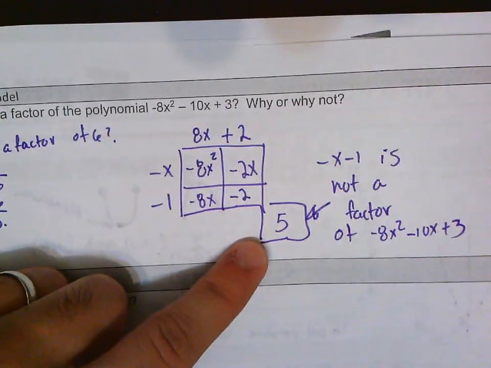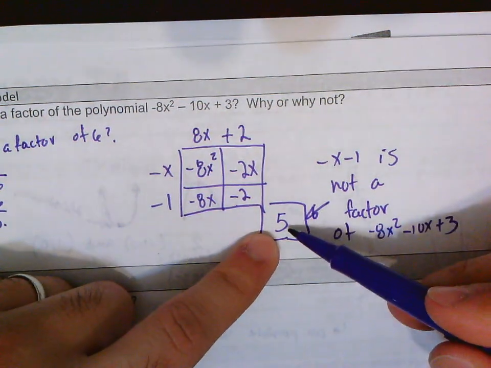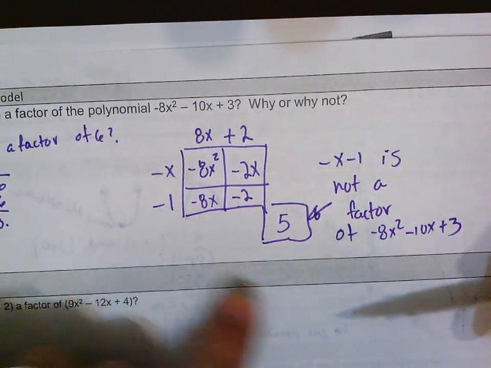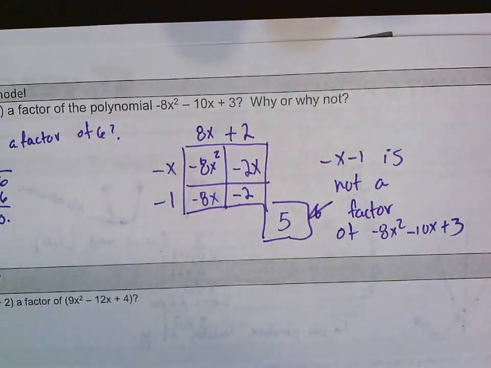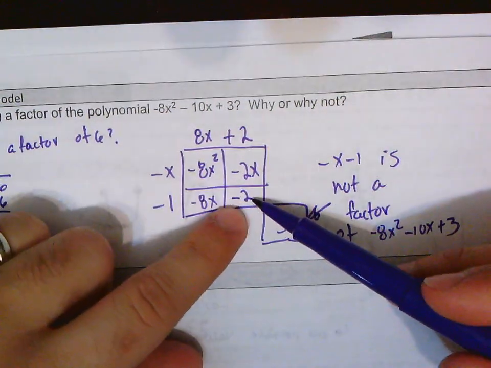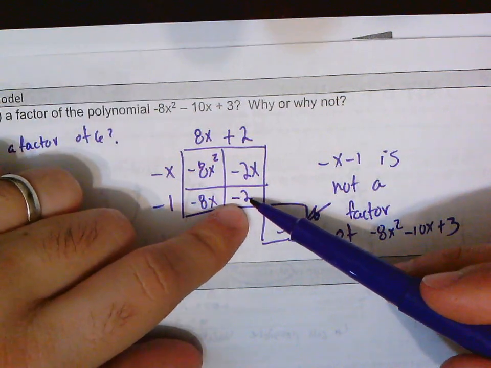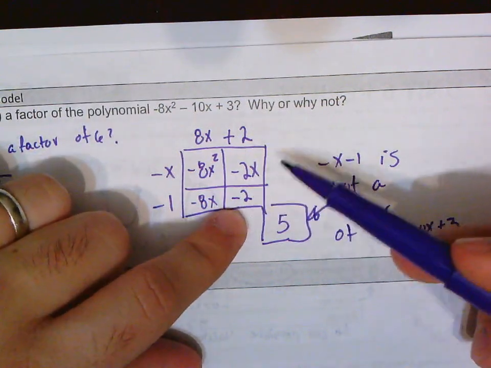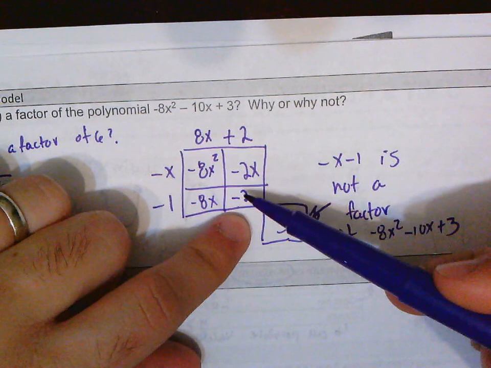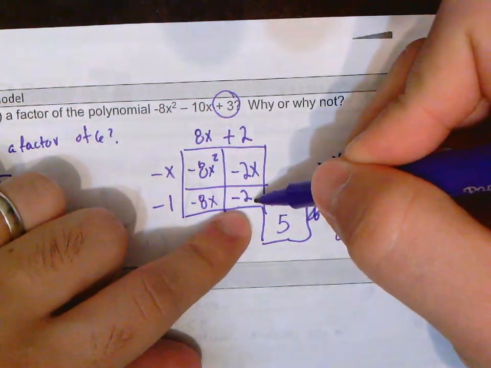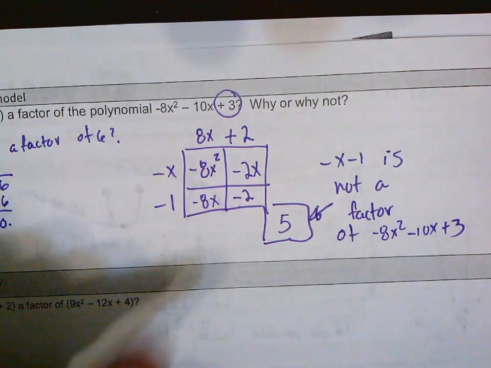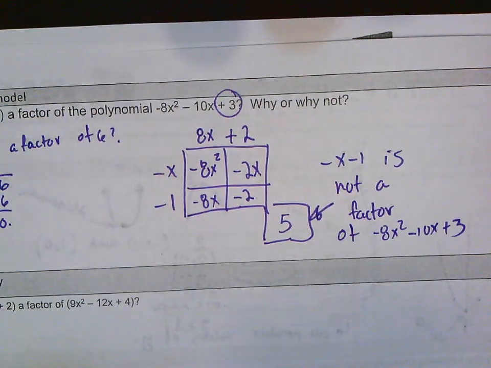It's not a factor. One more time: if you get a remainder, that means that whatever binomial has been given to you is not a factor. If you get the exact constant on this last box, that means that it is a factor.